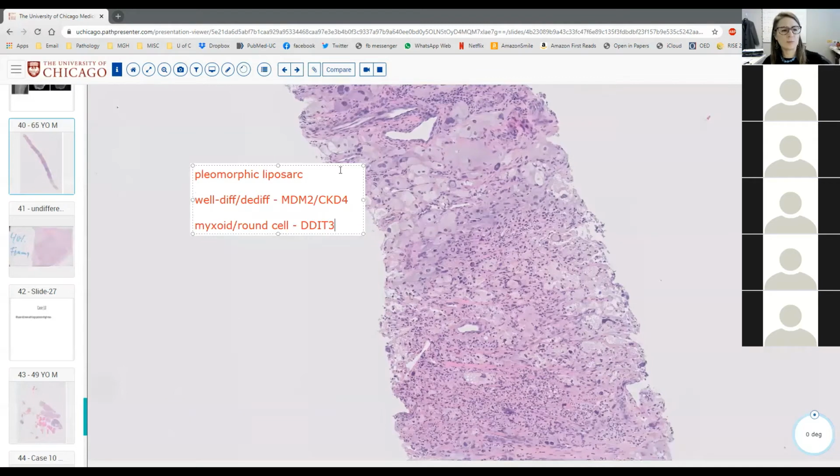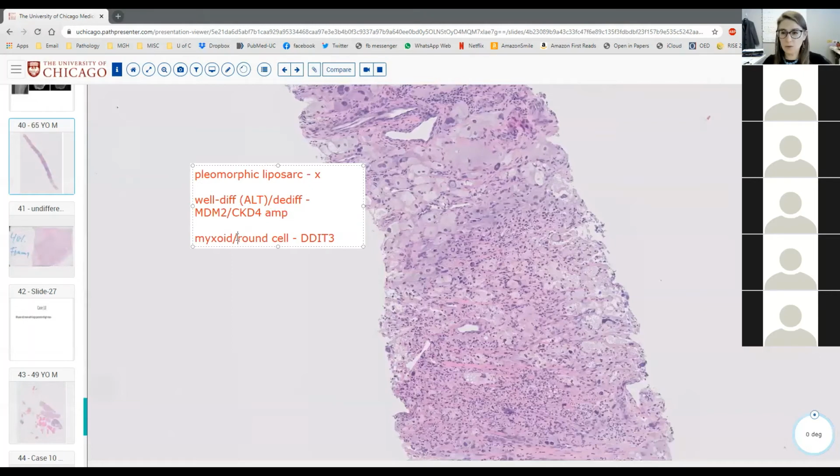So does pleomorphic liposarc have any specific genetics? No, right? Just complex karyotype. Well-differentiated liposarcoma, or correctly in the extremities, atypical lipomatous tumor, can transform to dedifferentiated liposarc, high-grade, bad, which would retain MDM2 CDK4 amplification.